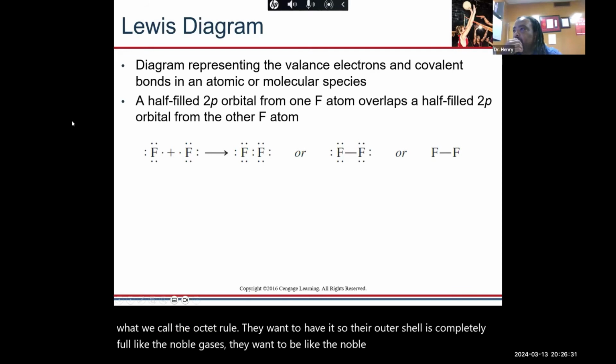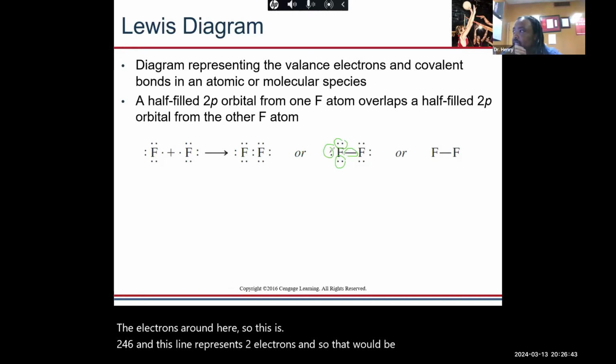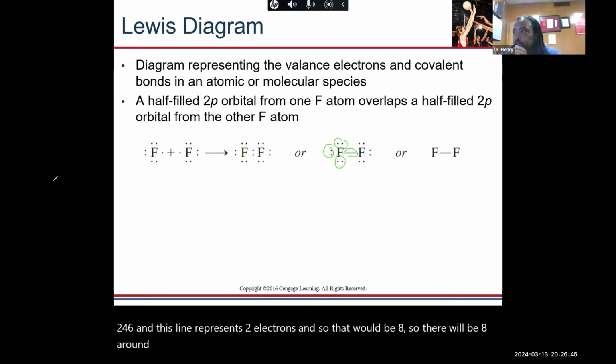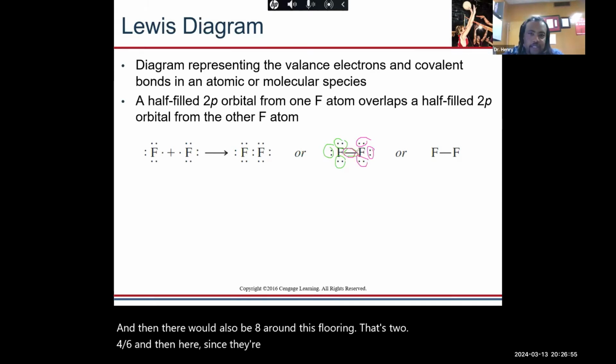So if we count the electrons around here, this is 2, 4, 6, and this line represents 2 electrons. So that would be 8. So there would be 8 around this fluorine. And then there'd also be 8 around this fluorine. That's 2, 4, 6, and then here, since they're sharing it, that's going to be 8. Okay, so in this case, they're obeying the octet rule.